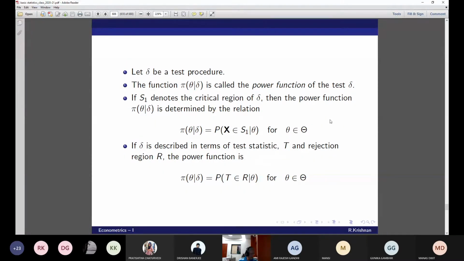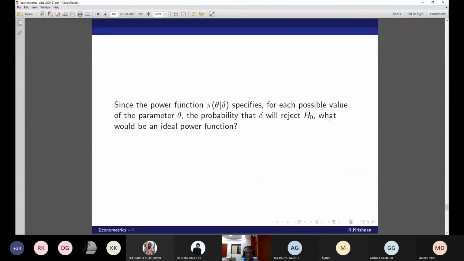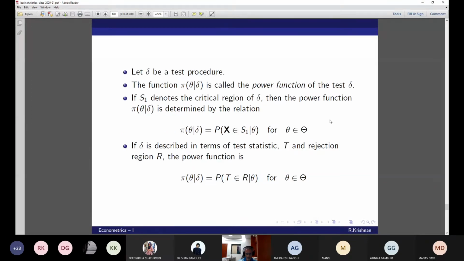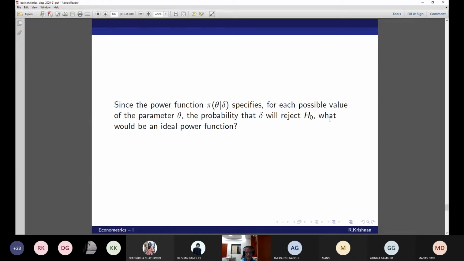Okay, now given this, yesterday somebody had a problem. Since the power function specifies, for each possible value of the parameter theta, remember each possible value, because theta is in the entire parameter space, the probability that delta will reject H naught, what would be an ideal power function? Look at this.